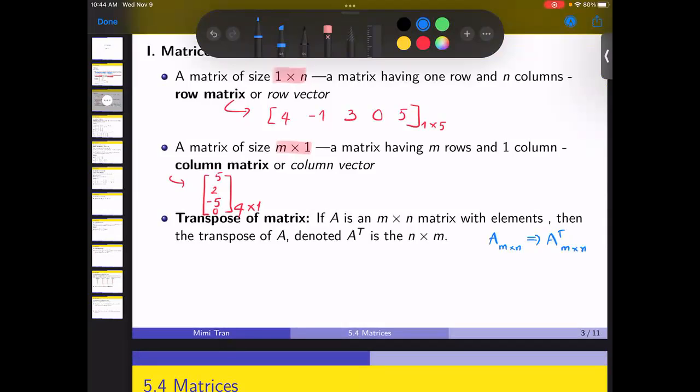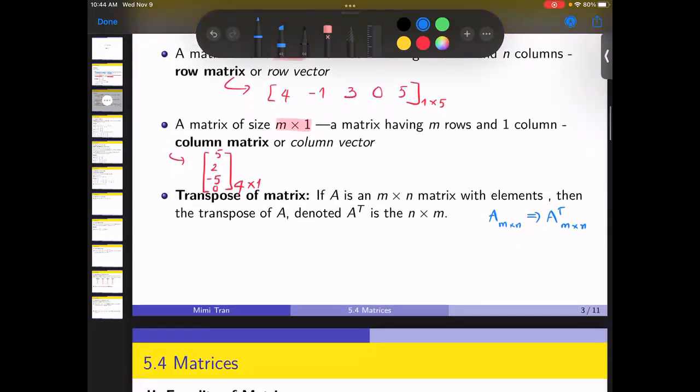That means rows become columns, columns become rows. So let me give you an example. 3, 2, 1, -5, and let me make up some numbers, 10, 0. So that's matrix A. If I want to find A transpose, denote A capital T, and please do capital T, don't do little t. That means something different.